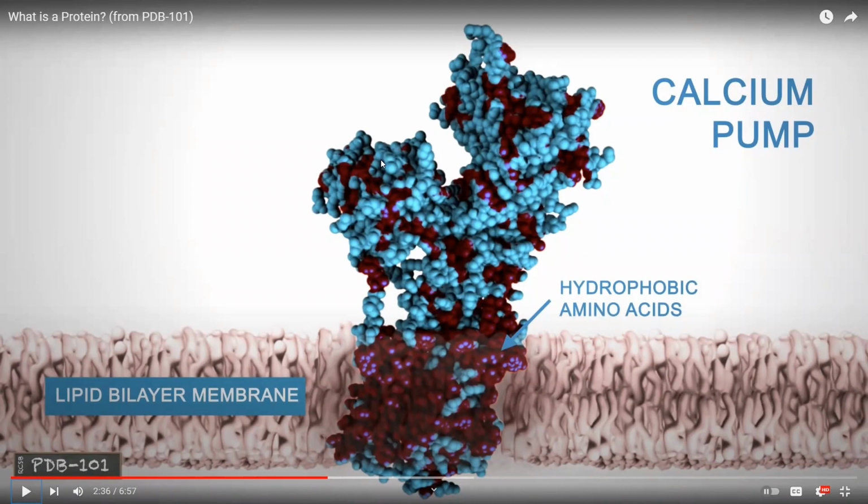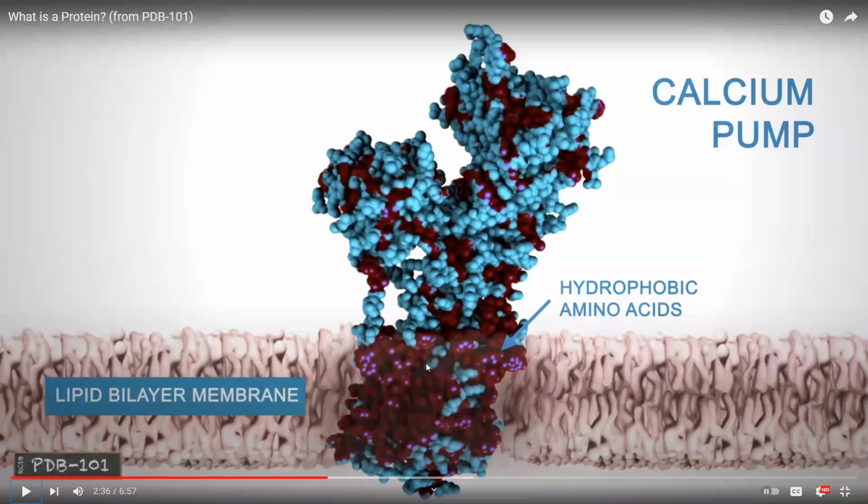And then sometimes you have these membrane proteins. They might be channels or transporters or pumps, and they are embedded in the lipid bilayer. And parts of it might be actually crossing and traversing the lipid bilayer. So there might be part of it that's facing the inside of the cell or outside of the cell.